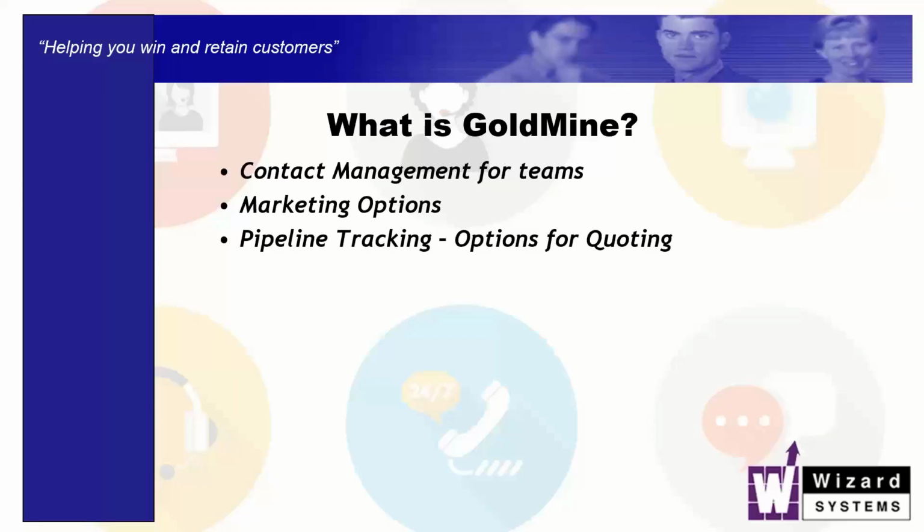A key element of a CRM solution like GoldMine is managing your sales forecast, your opportunities, your sales inquiries, whatever you call them, jobs, inquiries, opportunities. GoldMine has the ability to track that information and allow you to produce a sales forecast. It's great if you employ salespeople to see what everyone is up to and see what sales they're bringing in.